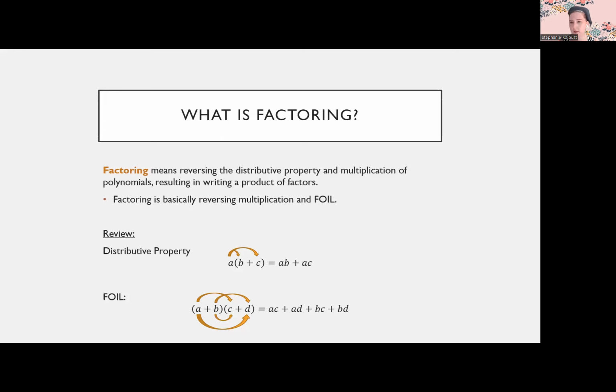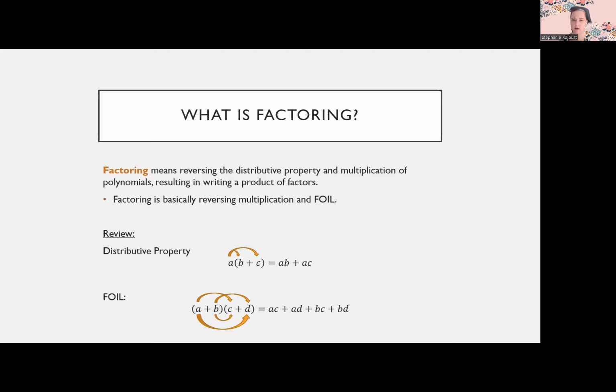The distributive property is where you have something in front of parentheses and you're multiplying it through. FOIL we use when we have two sets of parentheses with two things in them, and you're doing first, outside, inside, and last. So we are reversing that, going from the right side to the left side.